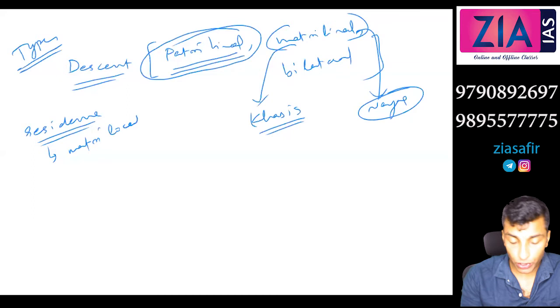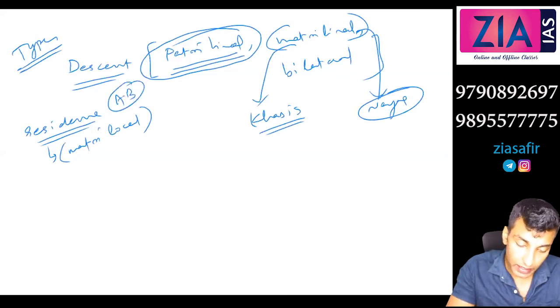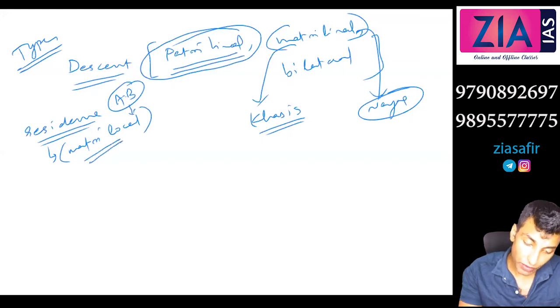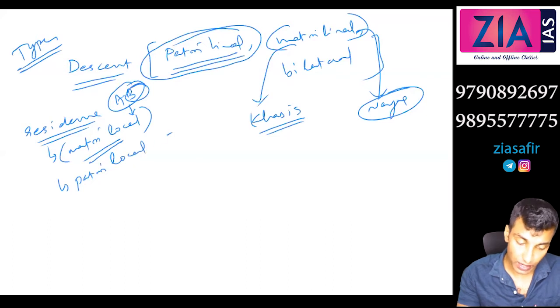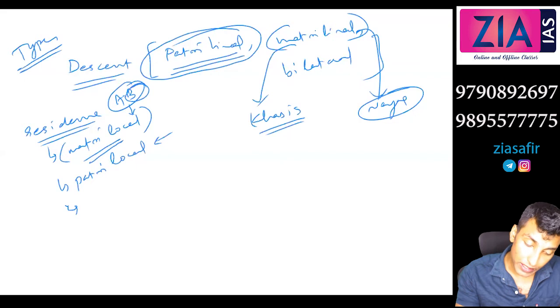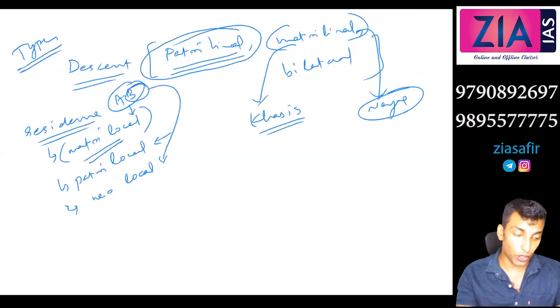Matrilocal means A and B got married and they stay in the mother's house, that is the wife's house, like the Nayar system. Patrilocal means the husband's house, so the male is the authority there. Or they can establish their own house, which is neolocal: a newly married couple establishes their own house and stays there.